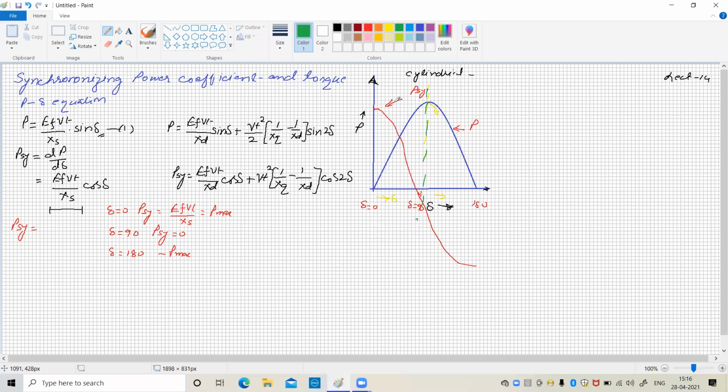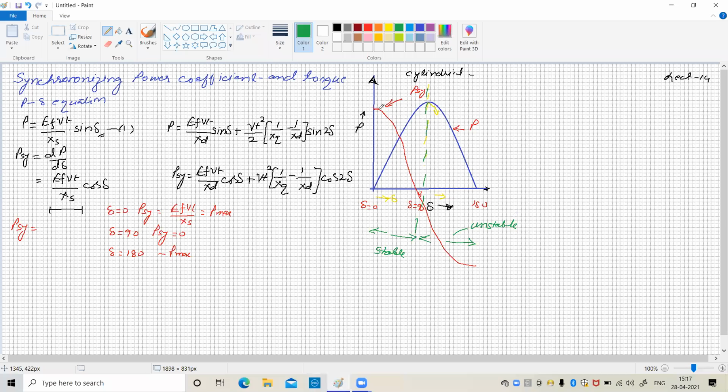Up to this point, we can say that the machine, or alternator, is stable. Whereas from this one, if you increase the load on the alternator, no doubt the angle increases, but the power starts decreasing. So this is the unstable region.